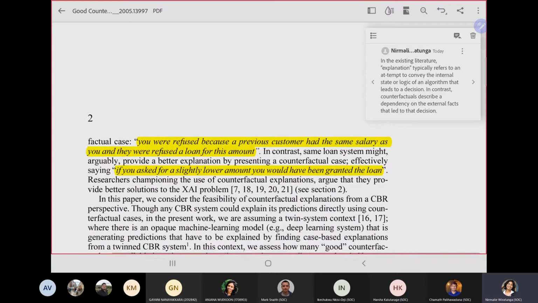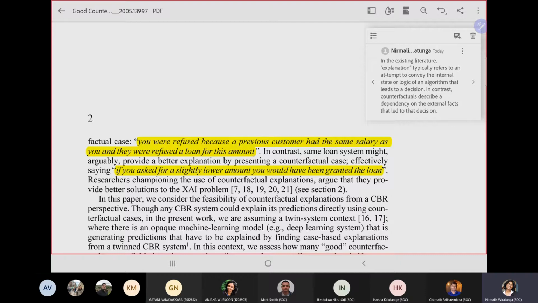Then they indicate why such counterfactual explanations are useful. They provide two types of explanations to show why a counterfactual explanation is good. Imagine you have a loan system that indicates to a customer whether or not the customer can get the loan. One way of giving an explanation could be: you were refused because a previous customer had the same salary as you and they were refused a loan for this amount.